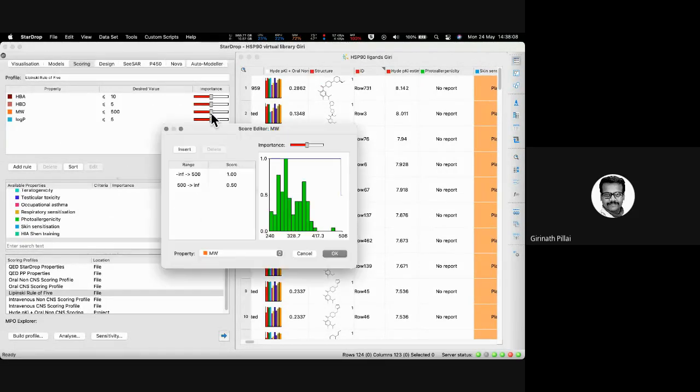But I can make a new rule saying that anything up to 500, I will give a score of 1. And if my molecular weight is greater than 500, I will give a score of 0.5. That tells me that I'm not completely neglecting the compound. Even if the molecular weight is greater than 500, I still consider them. So let's do this analysis first.